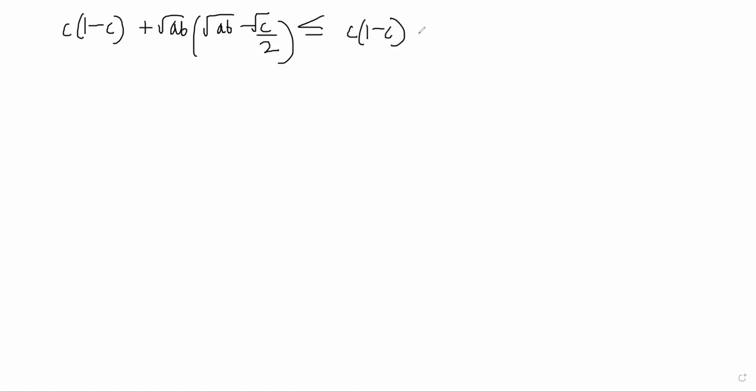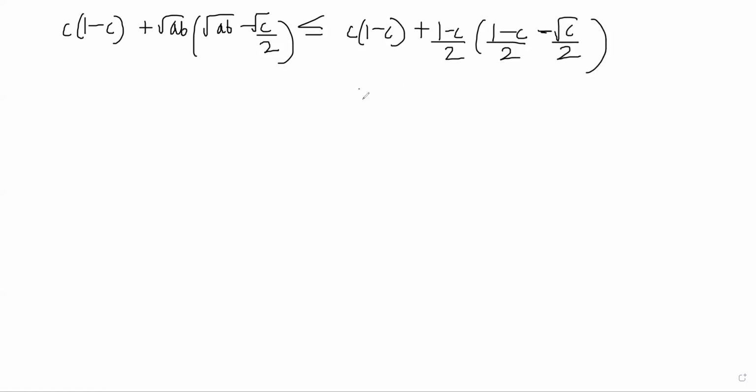So I had basically this expression c times 1 minus c plus root ab into root ab minus c by 2, root c by 2. And this was less than equal to c times 1 minus c plus 1 minus c by 2 and 1 minus c by 2 minus root c by 2.